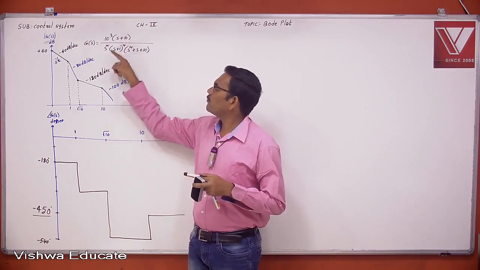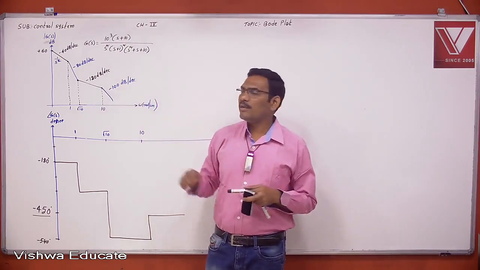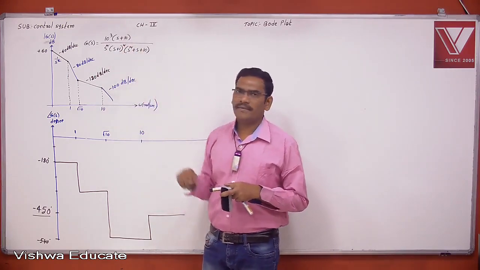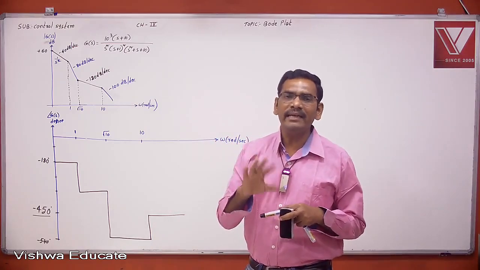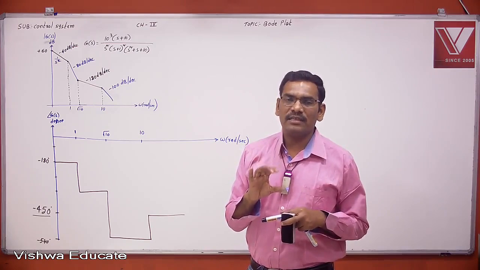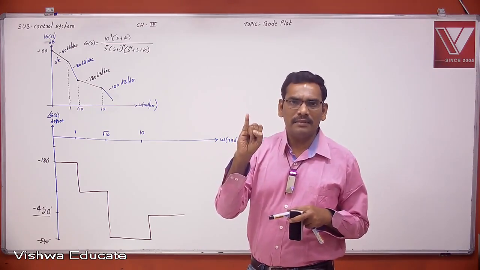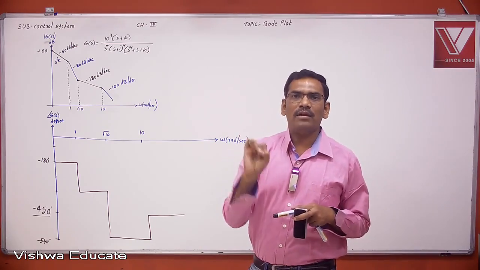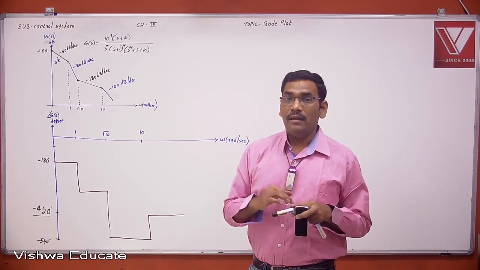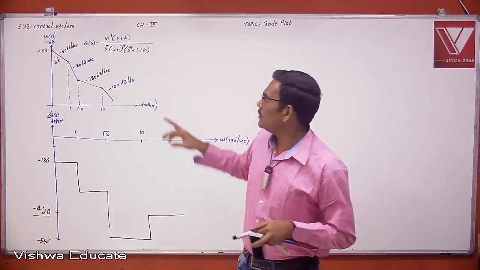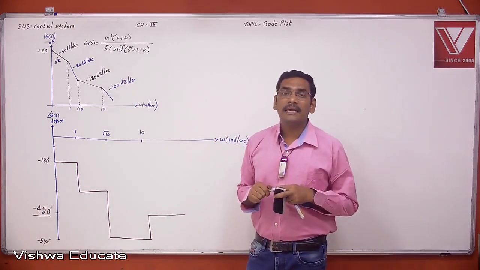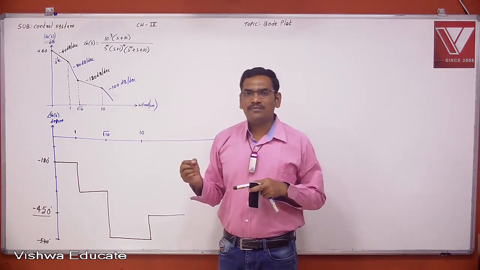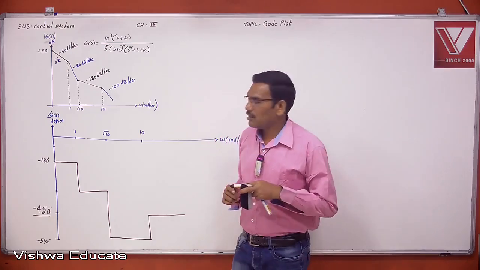Phase is completely independent of frequency only for transfer functions consisting of system gain or poles at the origin or zeros at the origin. But whenever a combination of simple poles or simple zeros comes, then definitely the phase depends upon frequency. As frequency changes, phase also changes.